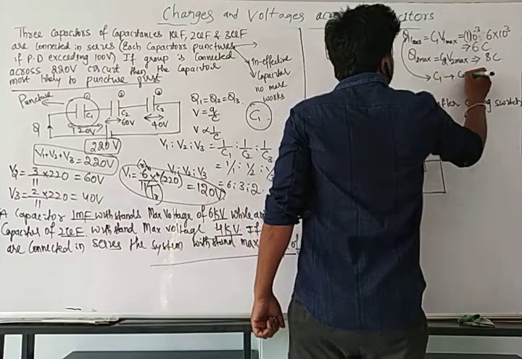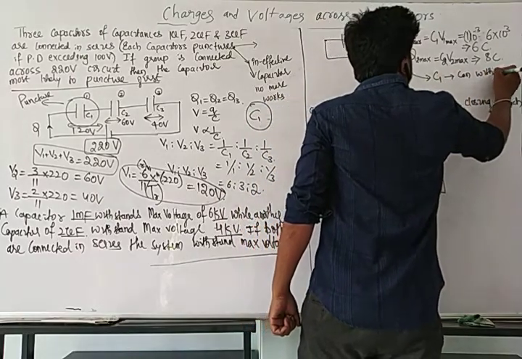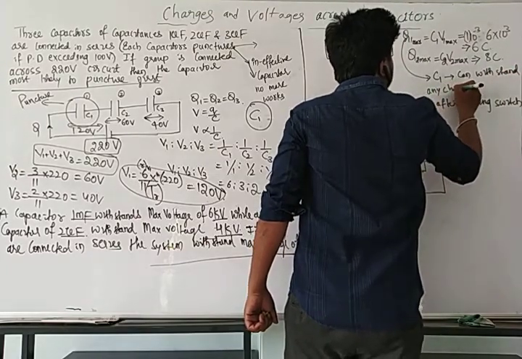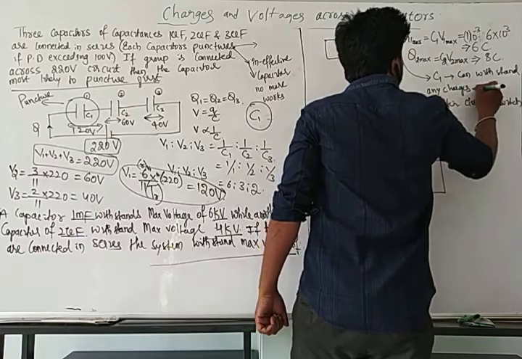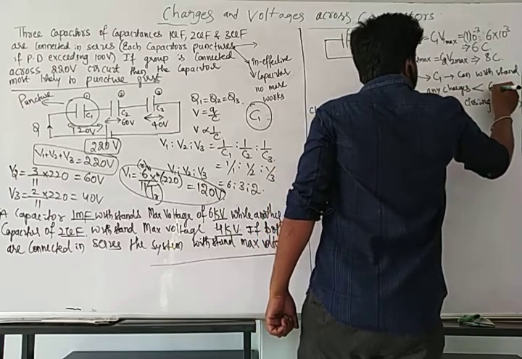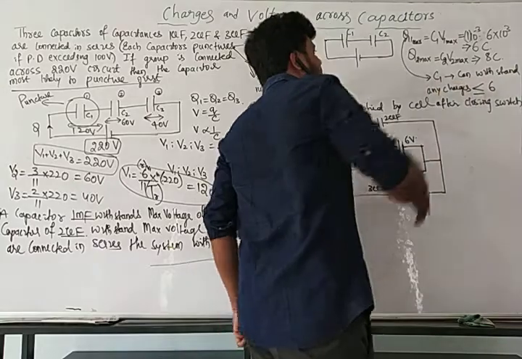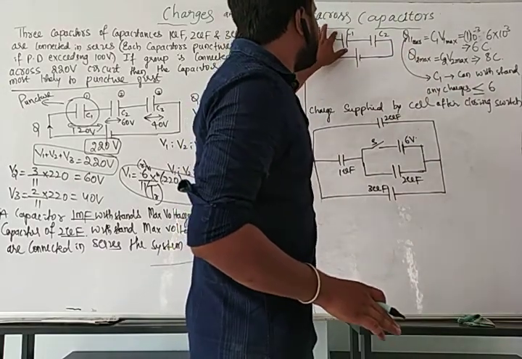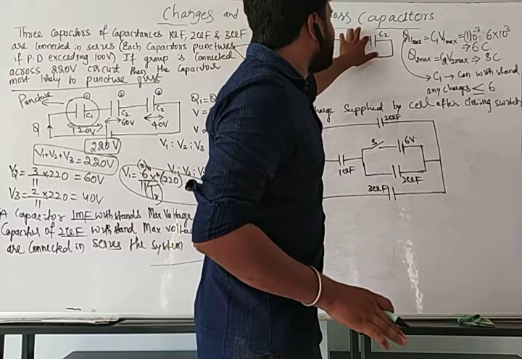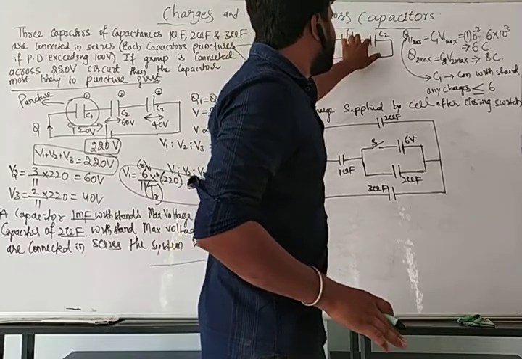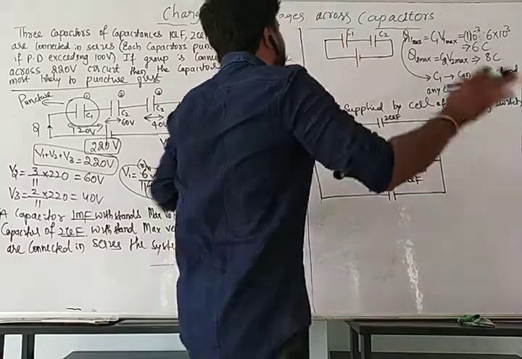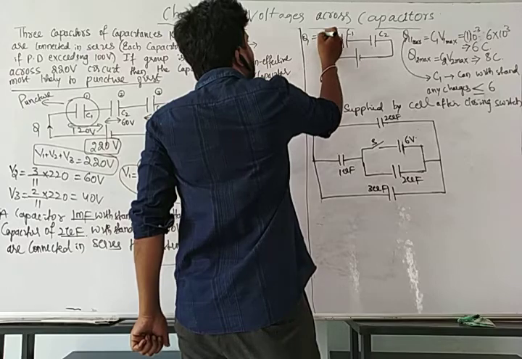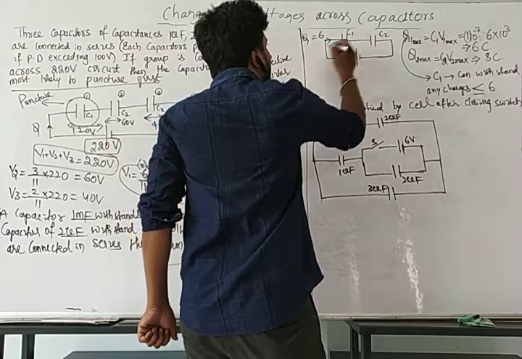Capacitor C1 can withstand any charge less than or equal to 6. Similarly C2 also: if you consider 6 here, C2's maximum capacity is 8, so it can also withstand 6. Okay. This circuit will be working. Suppose the flowing charge Q is equal to 6, this circuit will work.